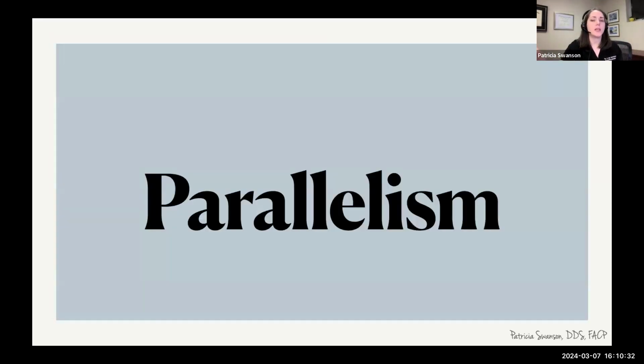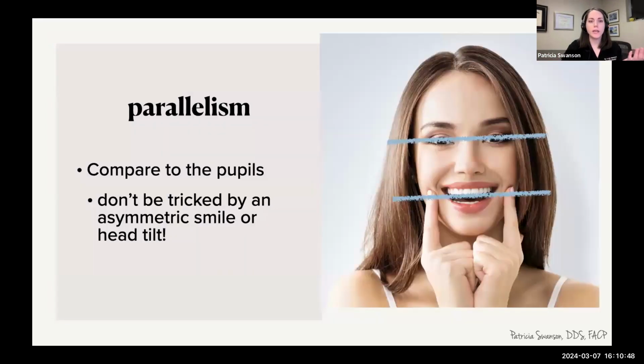So parallelism, I think, is one of the most overlooked things in doing any sort of full mouth reconstruction, including dentures, but it's one of the things that's sort of the dead giveaway to teeth being fake. So naturally, we want things to be parallel and we want it to be compared to the patient's pupils.